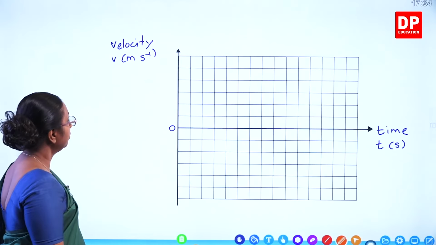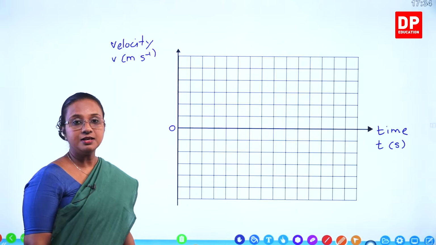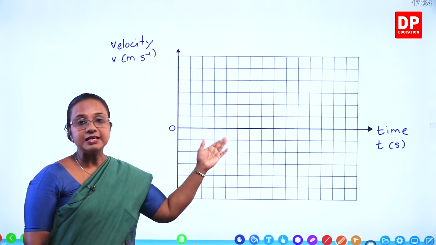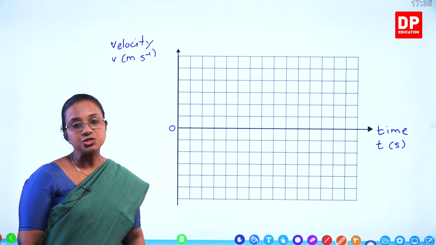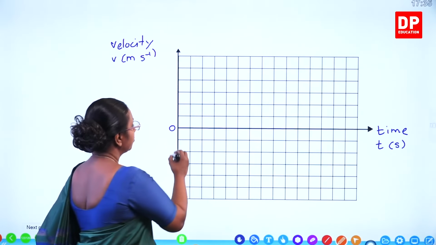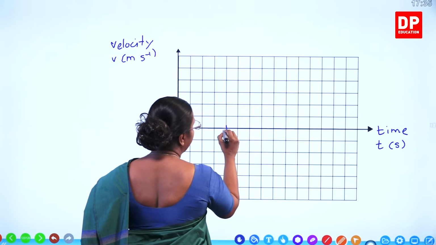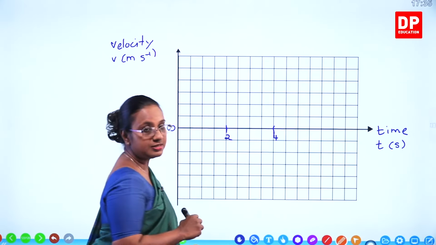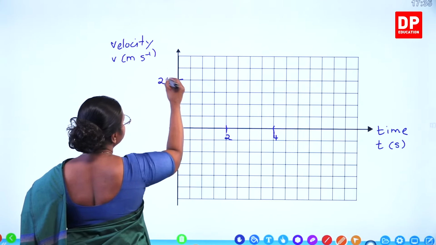So as you know, initially it has to start from 20 meters per second. By the end of 2 seconds, it has to come to 0, and again it has to reach a velocity of minus 20 in another 2 seconds. So I will mark the 2 seconds here, and another 2 seconds will become 4 seconds, and the initial velocity is 20.